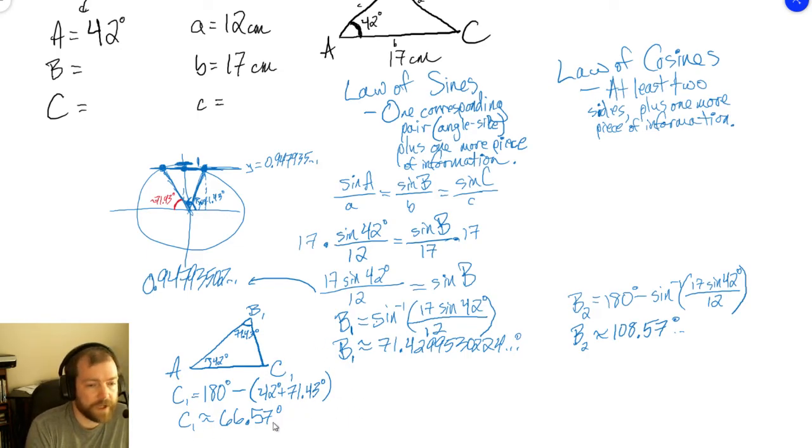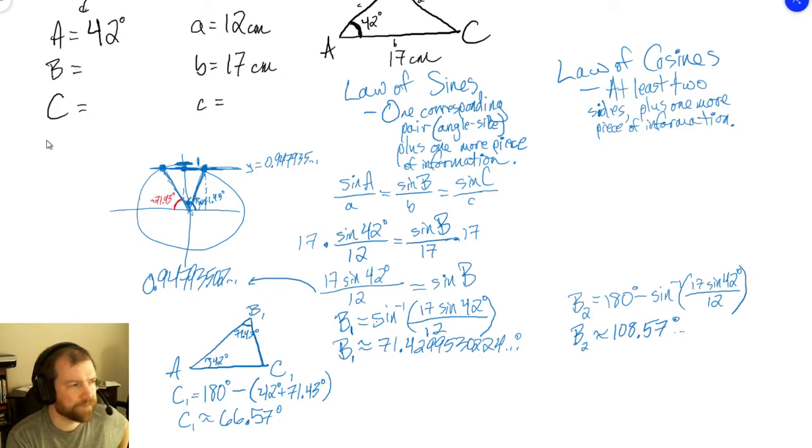Alright, so again, there are two different possible triangles that you can create. So, let's do B1, C1, little c1 like this. We end up with 71.43 degrees.